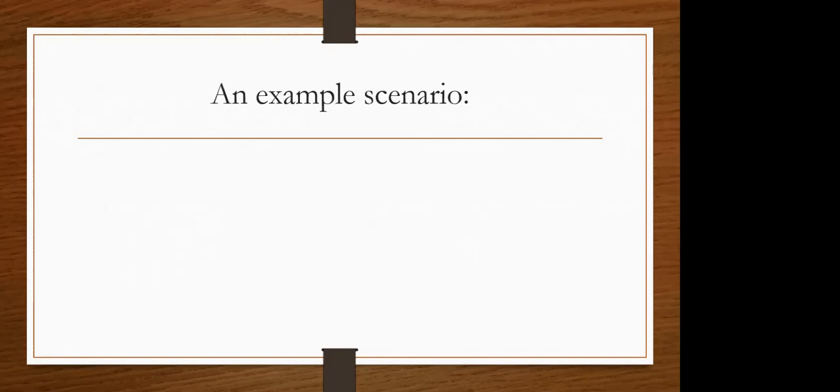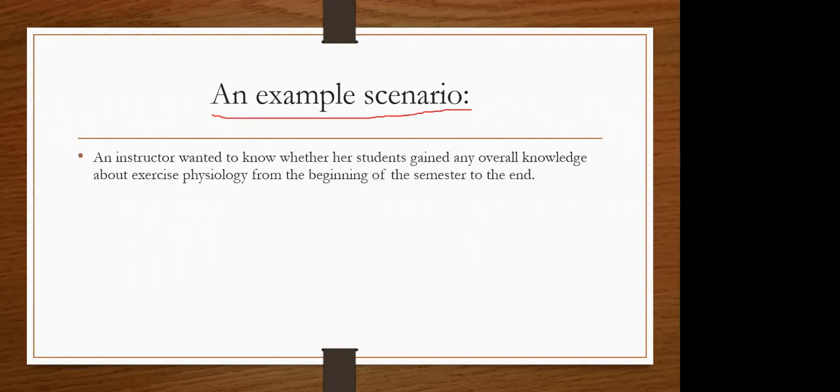So here's an example. This is not necessarily how you would write yours up. This is just an example. An instructor wanted to know whether her students gained any knowledge about exercise physiology from the beginning of the semester to the end.